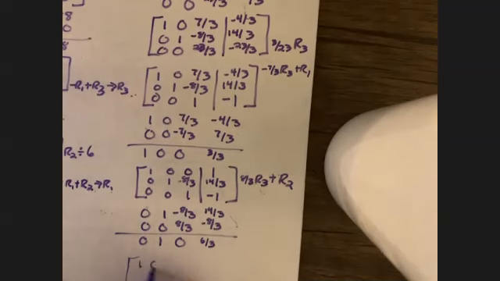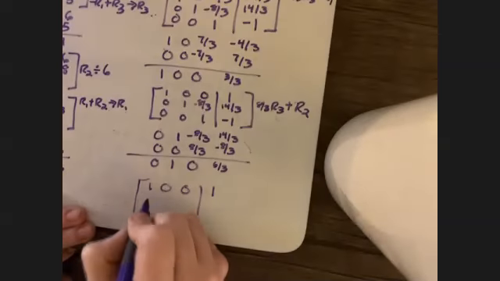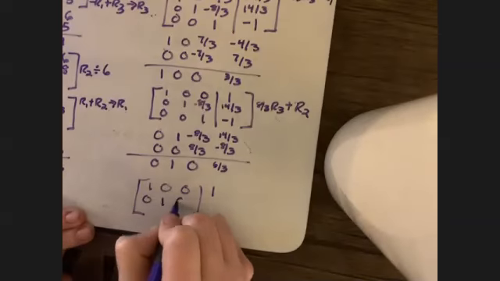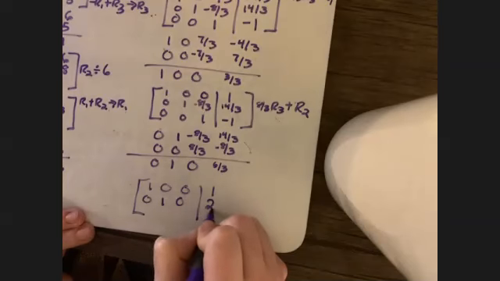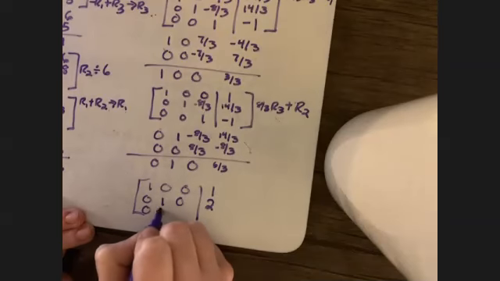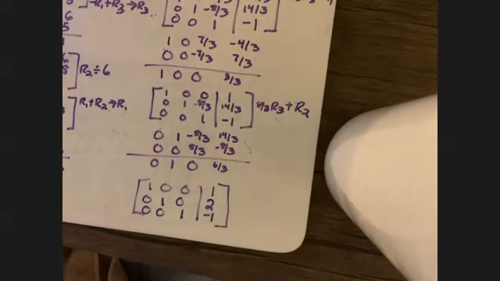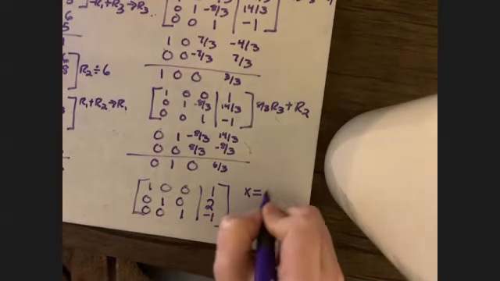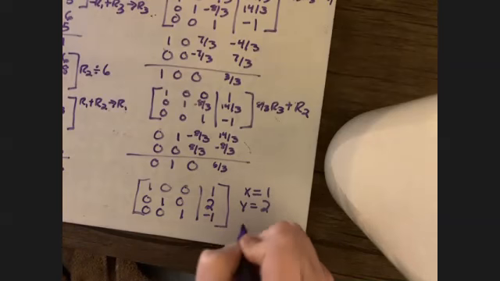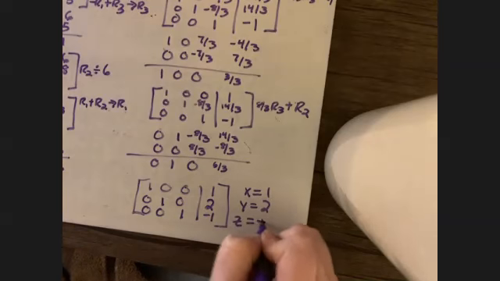So I've got 1, 0, 0, 1. Down. 0, 1, 0, 6 thirds is 2, 0, 0, 1, negative 1. Okay, so x is 1, y is 2, z is negative 1.